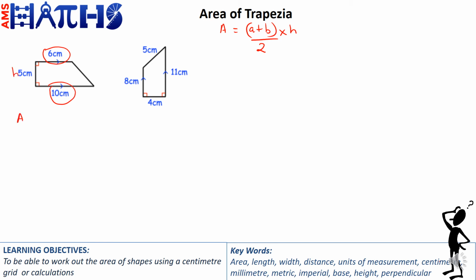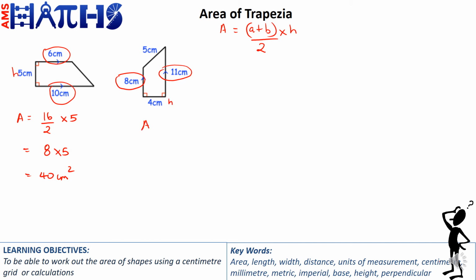We add the parallel sides first to give 16, then divide by 2 to get 8, then multiply by the height, 5, to get 40 centimeters squared. In our second example, the parallel sides go vertically, and they are 8 and 11. The height between them is 4 centimeters.